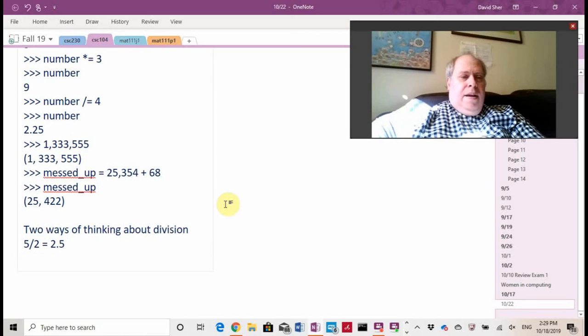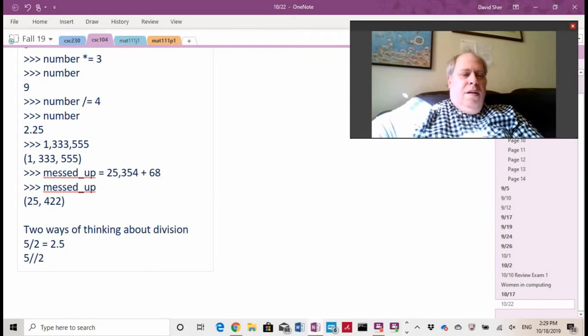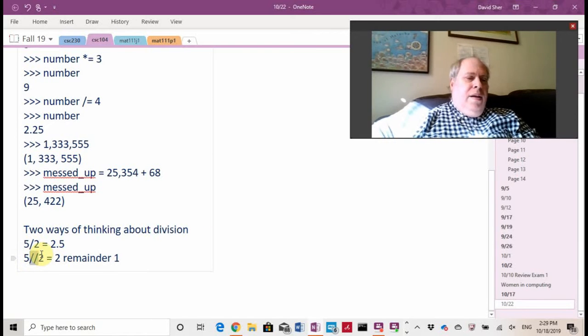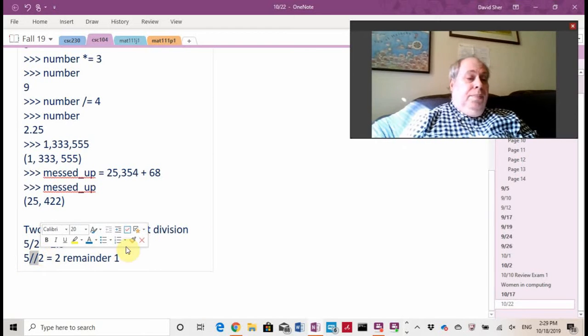But another way of thinking about this, 5 divided by 2 is 2 remainder 1. The way we express that in Python is with the double division sign. So if you do 5//2, you get 2.